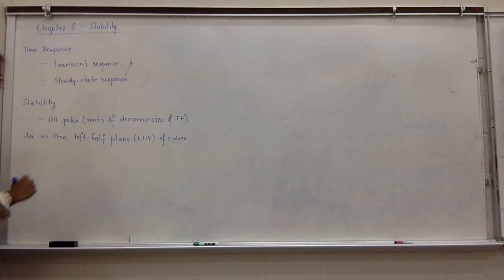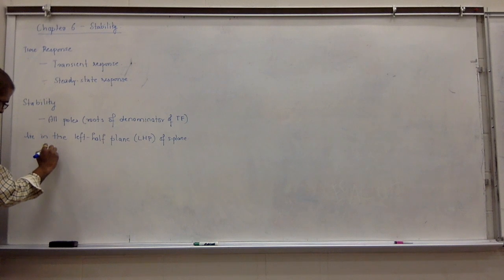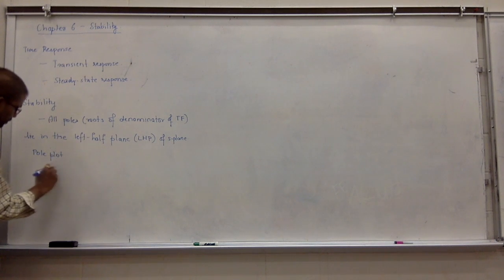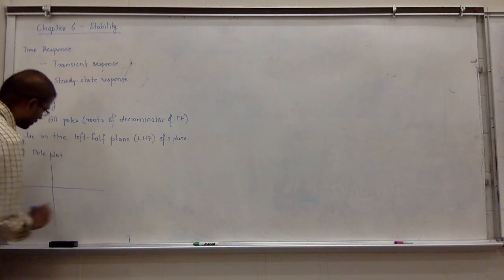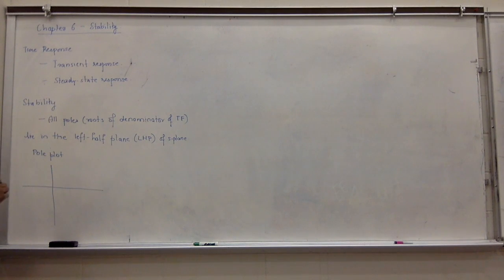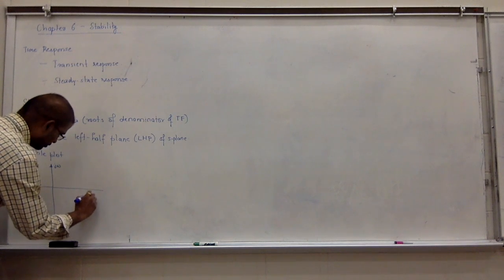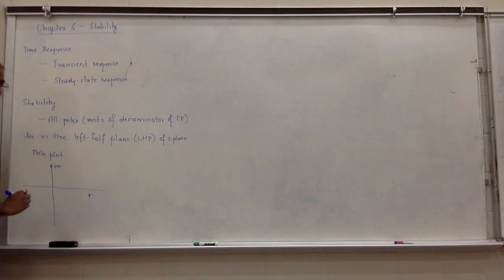Okay, if you do the pole plot, just recall this. For an undamped system, where are the poles? They are on the j omega axis, right?